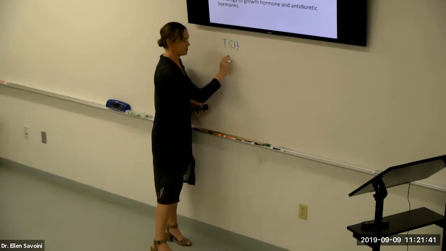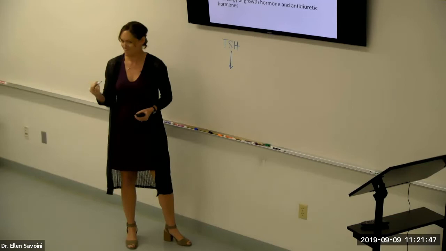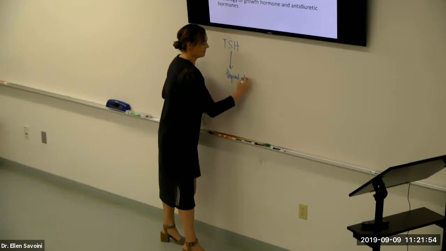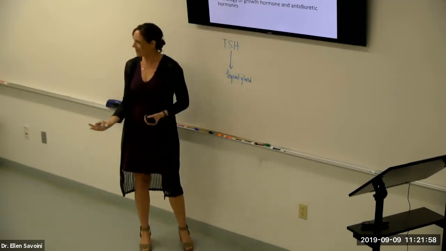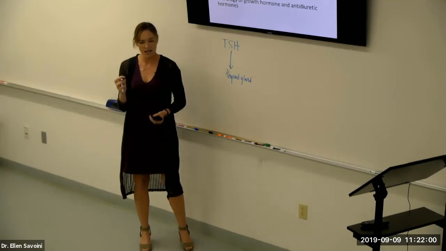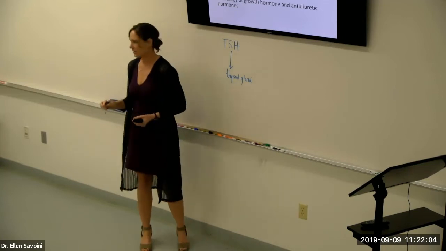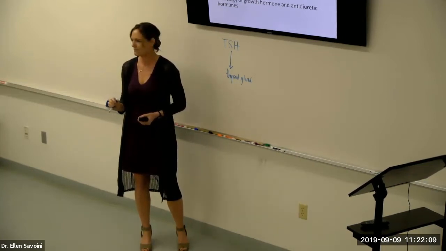So thyroid stimulating hormone from the pituitary gland is going to target what? The thyroid. So let's go on to the thyroid. Since this is a review, you should know what part of the thyroid has the cells that have receptors for thyroid stimulating hormone. So what part of the thyroid is it targeting?